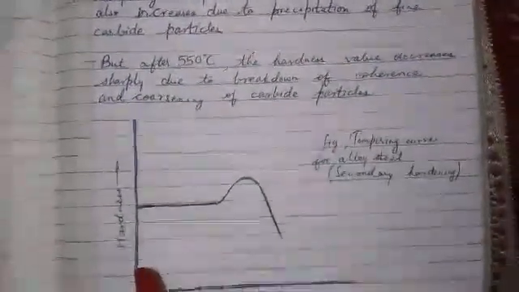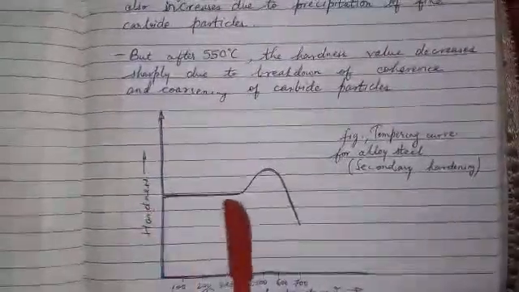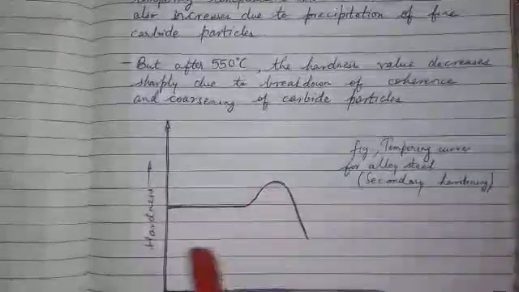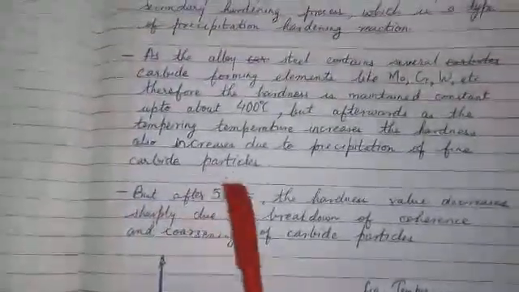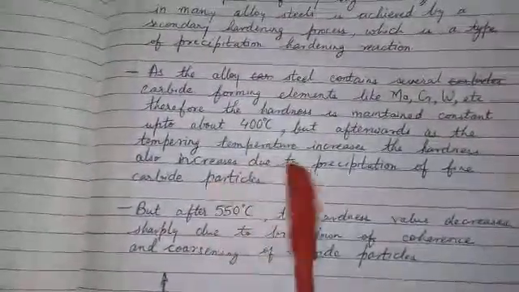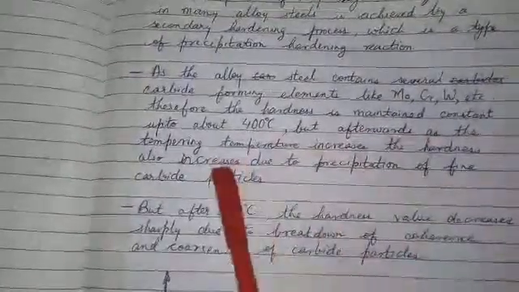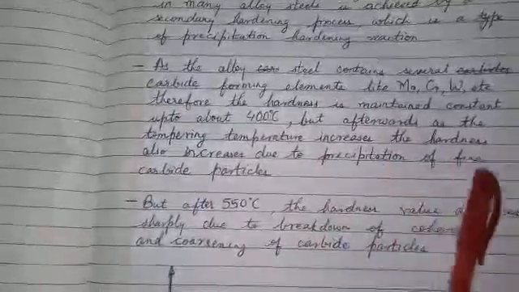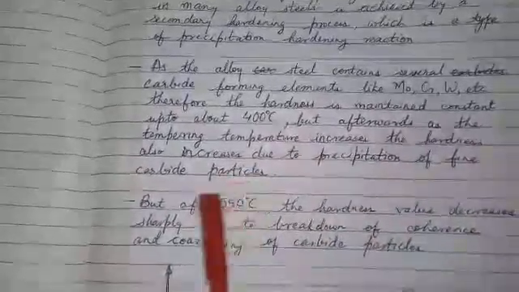As you can see over here, the hardness is constant up to about 400 degrees Celsius. But afterwards, as the tempering temperature increases, the hardness also increases due to precipitation of fine carbide particles.